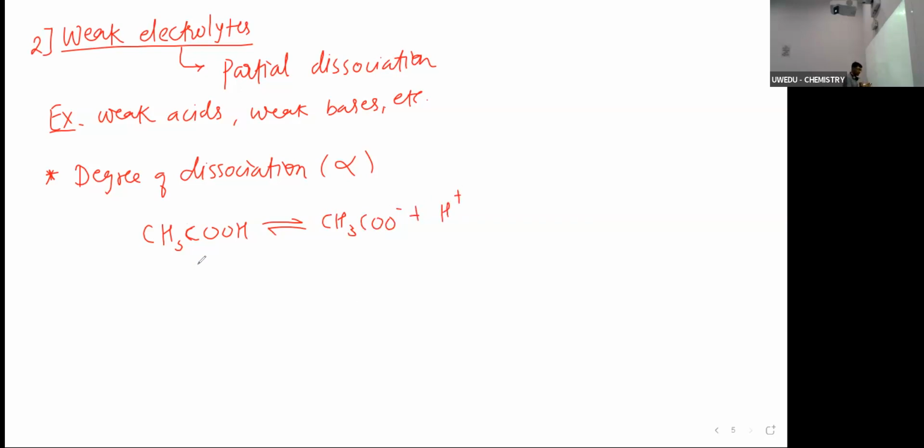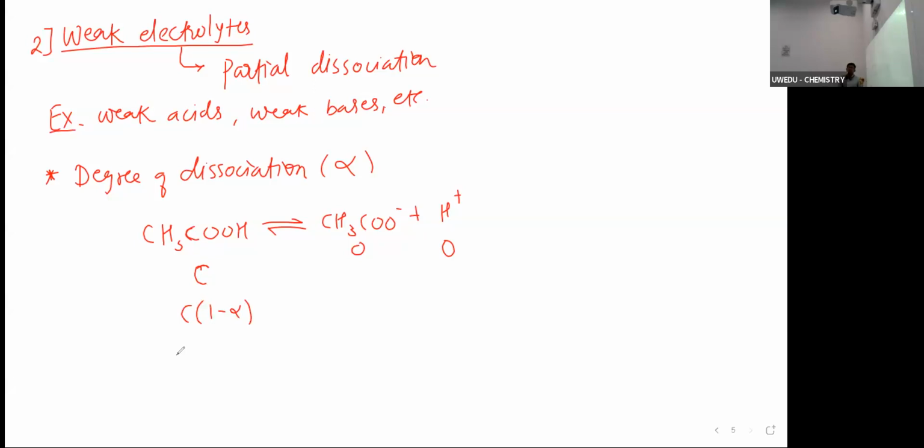Initial concentration, let's take C moles added. At that time these are 0, 0. At equilibrium, some of the molecules are dissociated. How much dissociated? Alpha. So we say C(1 minus alpha). This alpha is dissociated, so this much remains.